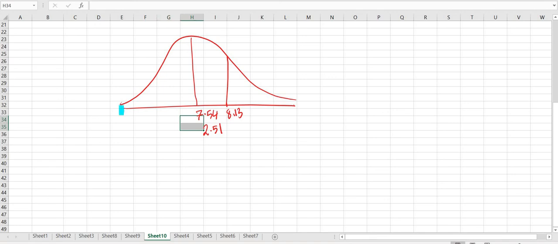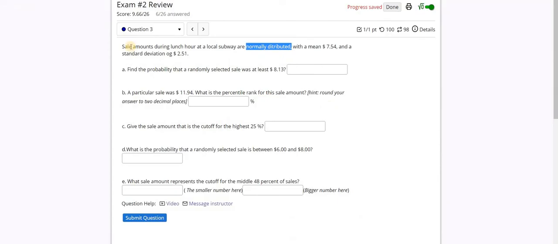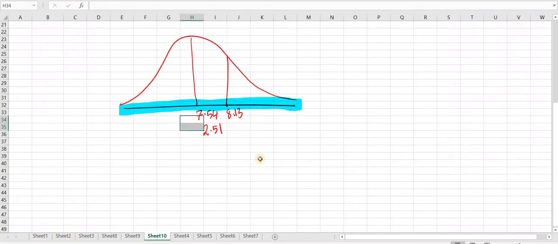Remember, the number line at the bottom has all of the sale amounts during lunch hour at a local Subway. So one of these numbers is 8.13. At least 8.13 means 8.13 or more.